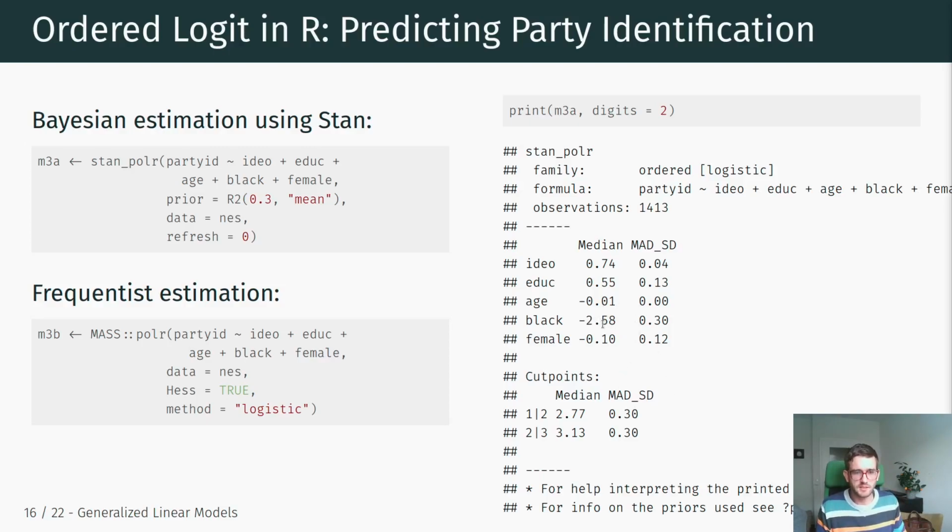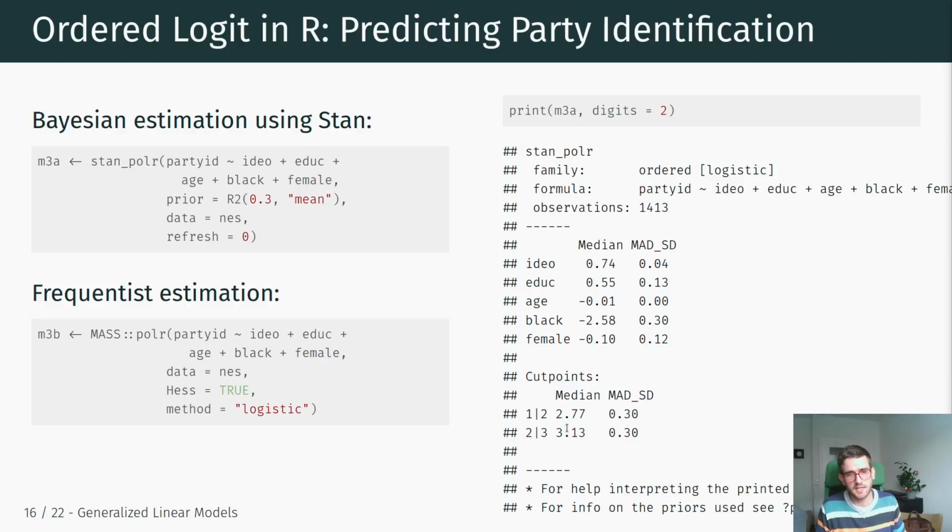The important thing here, of course, is that in addition to the coefficients, we're also estimating these cut points that we talked about in this latent variable framework, right? And this is basically the cut point, or the tau, at which the observation mechanism switches from y being equal to 1 to y being equal to 2, and y being equal to 2 to y being equal to 3. So those are those tau cut points that we're estimating.